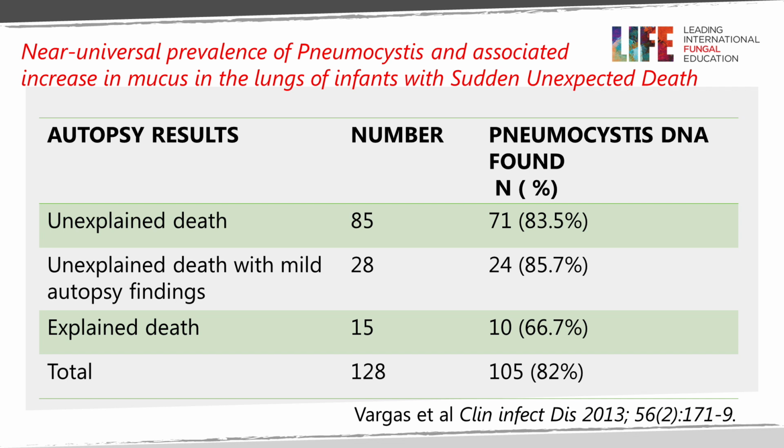And what we find is that the overall presence of pneumocystis was 82%, meaning that in 105 infants, pneumocystis DNA was found at autopsy. Now, if we split the 128 infants into groups, we can start with the 15 where a cause of death at autopsy was found, and in only 66.7% of them was pneumocystis DNA found.